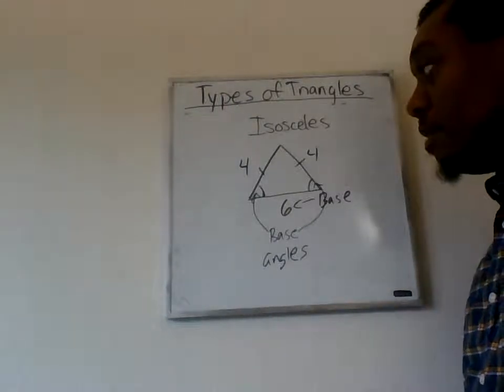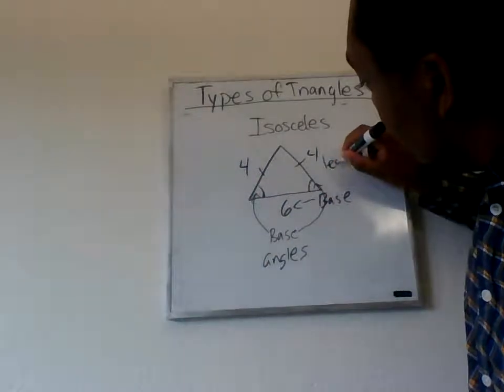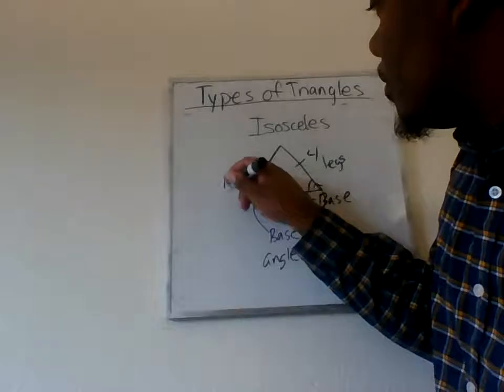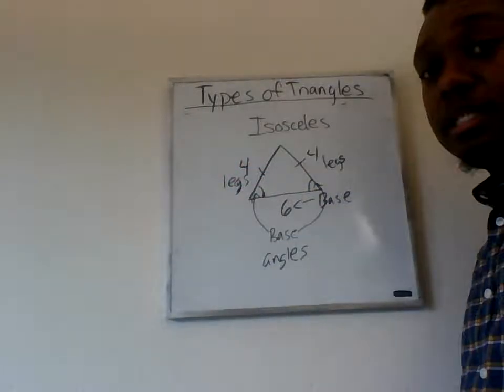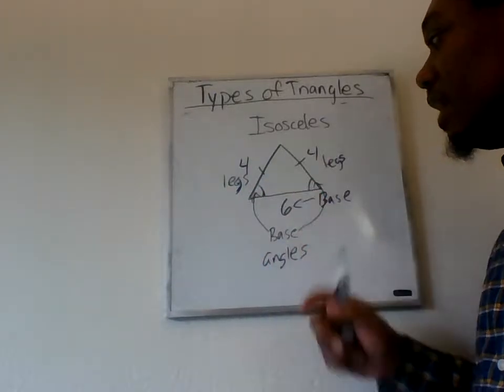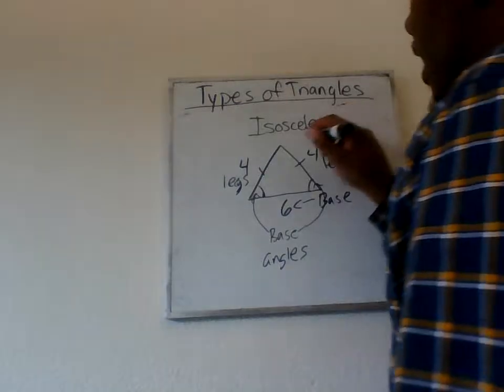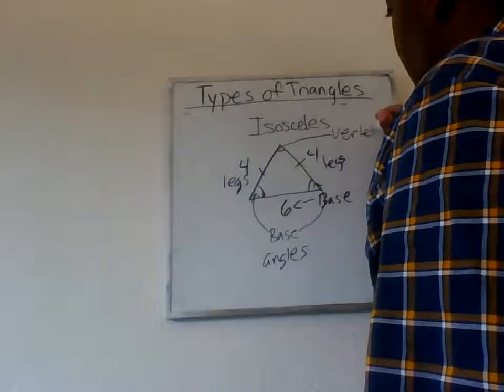All right, so that would be a base. These two sides are called legs. So the two sides that are equal in length are called legs. So we have our two legs, we have our base angles, and then the angle up top is called the vertex angle.